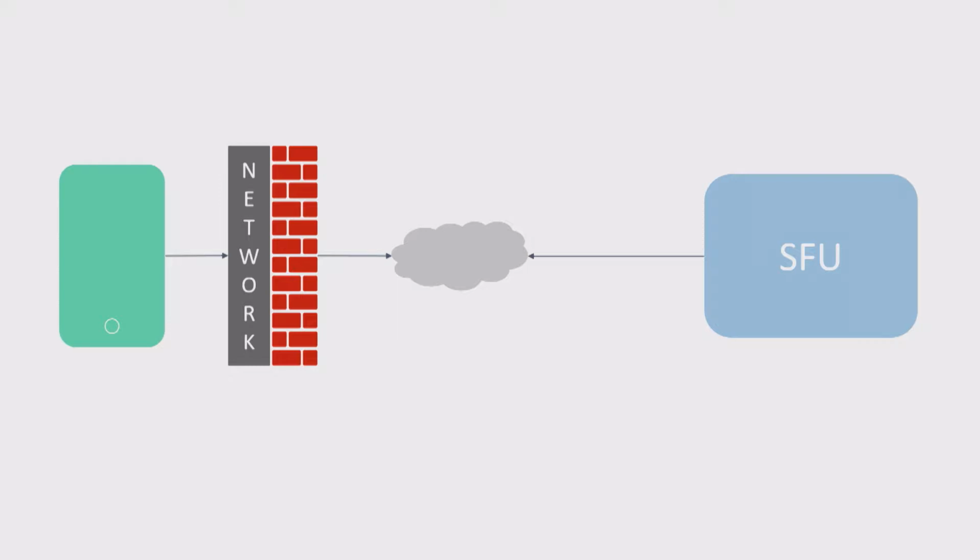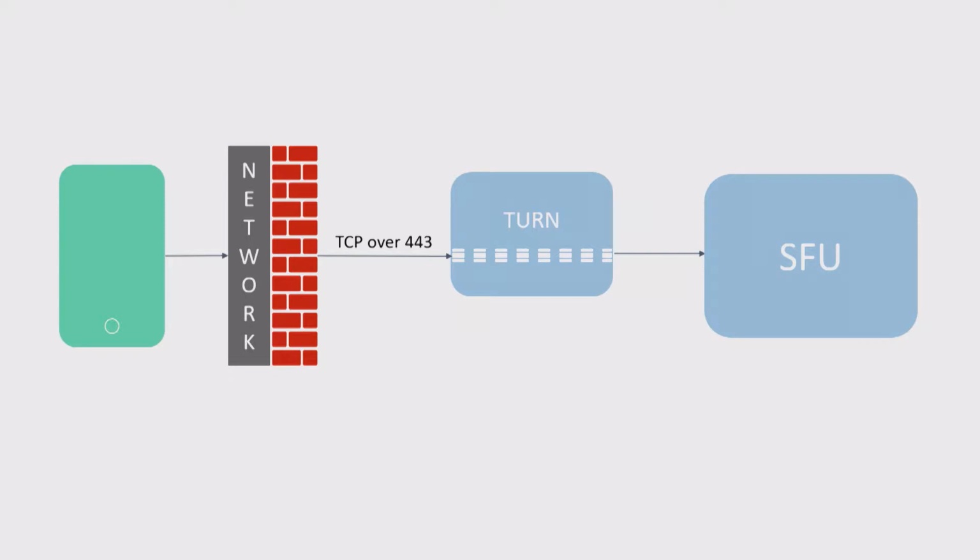Another common thing that you do with WebRTC is you use Turn. Turn essentially is a proxy server. You connect to Turn using TCP, and you proxy your RTP content using Turn to your peer. This allows you to get around your network limitations.